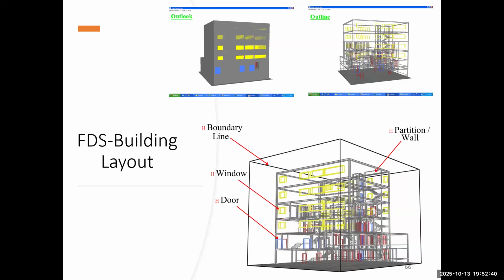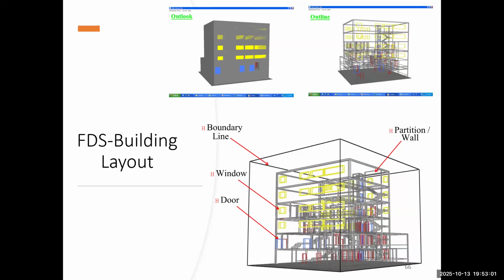Okay, because the boundary of the building affects the evacuation of our people. Sometimes it means the smoke movement, sometimes the visibility, and sometimes the heat radiation change.